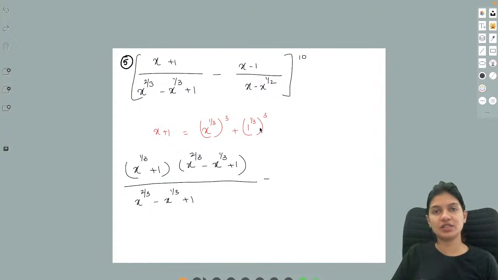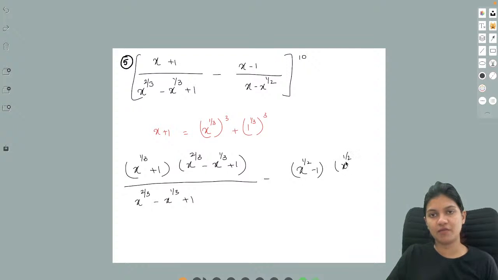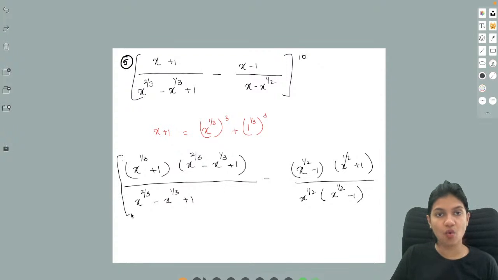x minus 1 can be also written as x to the power 1 by 2 minus 1 into x to the power 1 by 2 plus 1, upon x to the power 1 by 2 into x to the power 1 by 2 minus 1, and this whole to the power 10 we have.